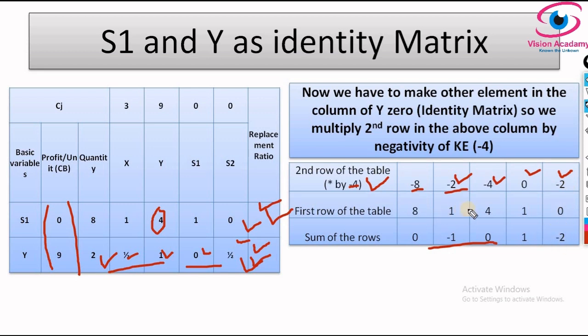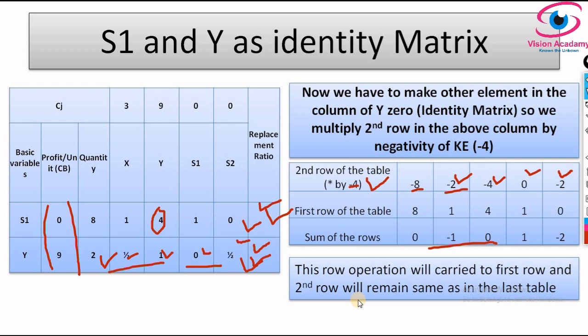So now we have arrived at the final stage, which means we consider this sum of the rows in the first row. Here, instead of the S1 row, we consider this sum of the rows, because we have to make this 0. So here there is a 0. And this row will be carried as it is for the second row.